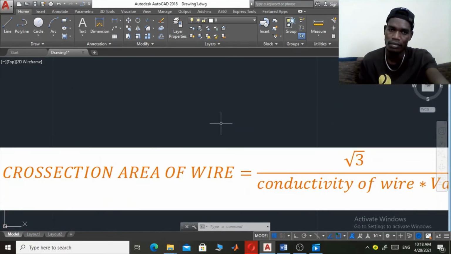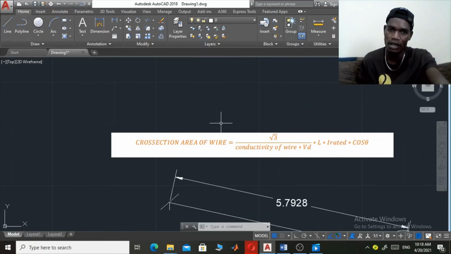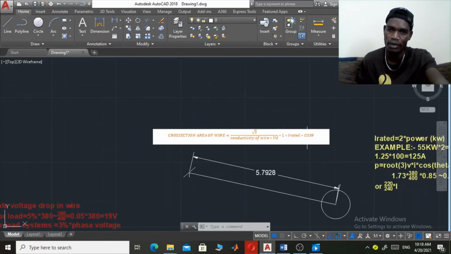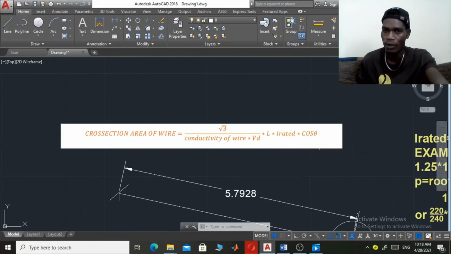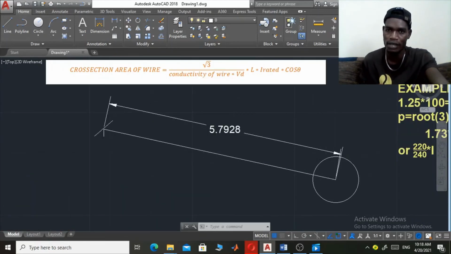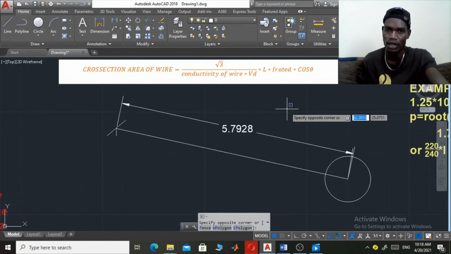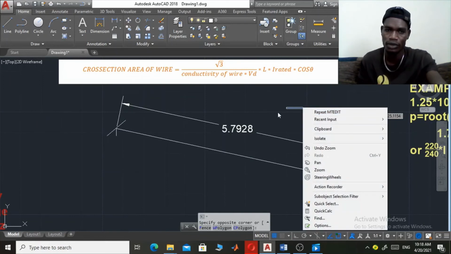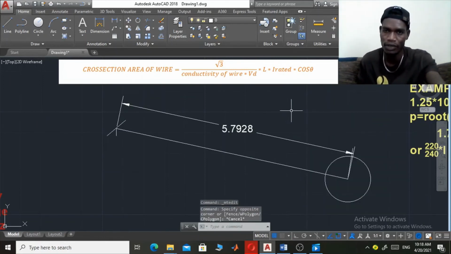installation system. If you are an electrician, an engineer, or a service technician, wherever you are currently working, you have to know the exact application of the cross-sectional area of wire. The cross-sectional area of wire is a very important thing to understand in order to do any kind of electrical project.